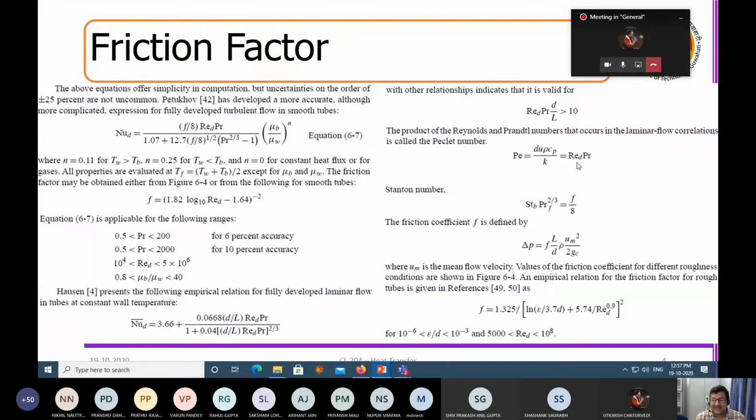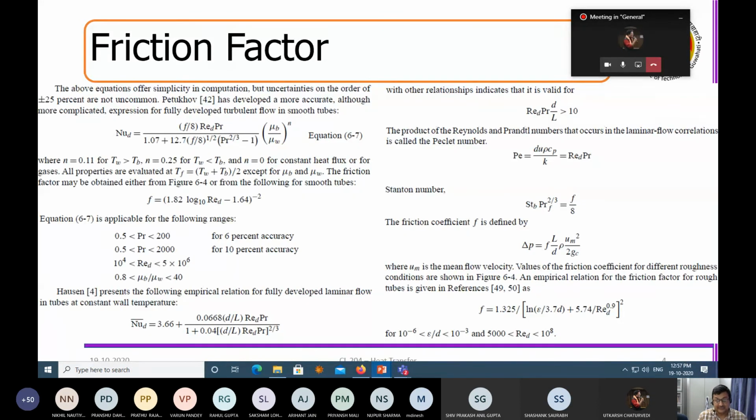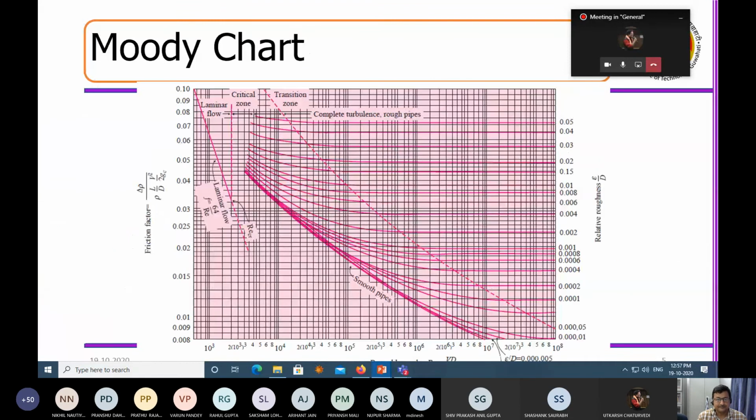So Stanton number and Prandtl number are correlated to the friction factor, with Prandtl number greater than 10 for certain situations. These describe different types of flow situations. I just wanted to highlight that friction factor has a very big importance, and you can also use these dimensionless numbers for the calculation.